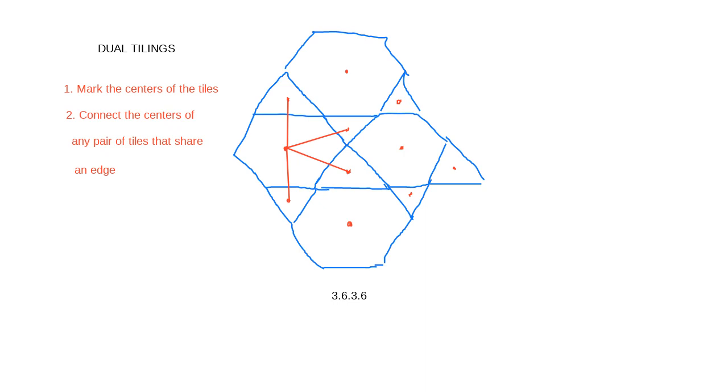Now, if I had drawn more triangles around it, you'll notice that it's going to have 6 lines coming out of it. And similarly, the triangles will have 3 lines coming out of them, if you complete the picture. So however many sides the thing has, that's how many lines it's going to have coming out of it.